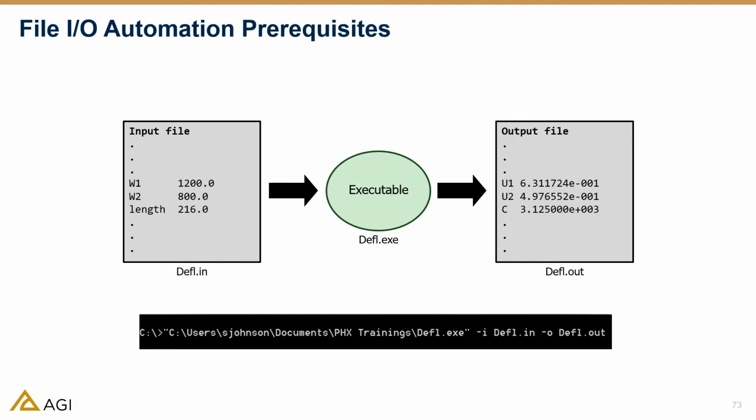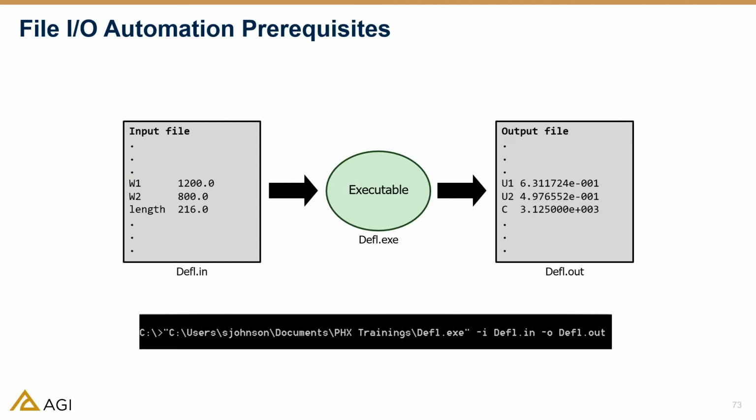The title of this slide is automation prerequisites, because anytime we're working with a file I/O program, we need to identify these key prerequisites before we can actually automate and integrate those into ModelCenter. The prerequisites are the input file and input variables, the executable and any arguments to run it, and the output file and any output variables.